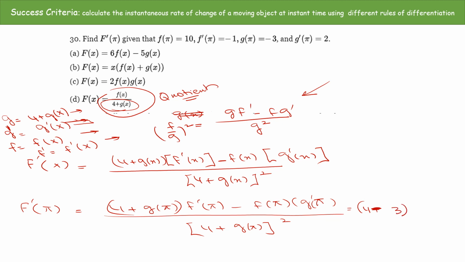Then f prime of pi is negative 1. Then the formula, negative f of pi is 10 and g prime of pi is 2, divided by 4 plus g of pi, which is negative 3, whole square. So solve it. 4 minus 3 is 1. 1 times negative 1 gives you negative 1, and negative 20 over 4 minus 3 is 1 squared, that is 1. So we will get negative 21 as our final answer.